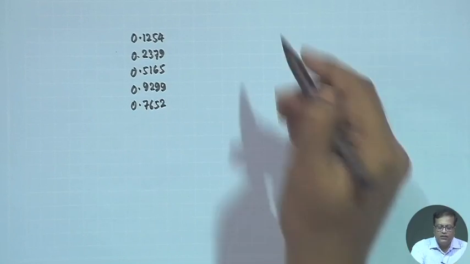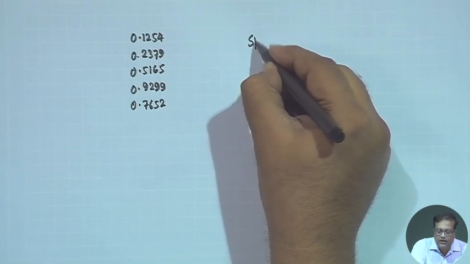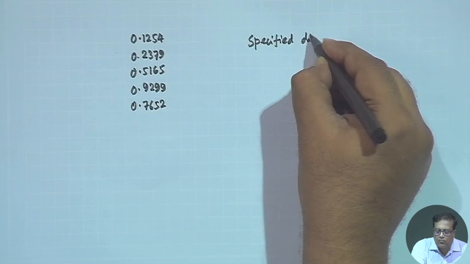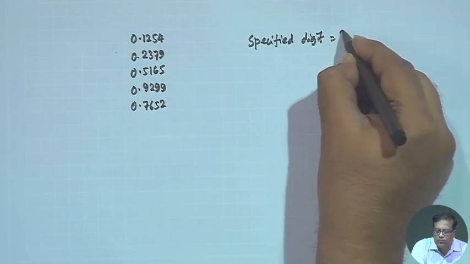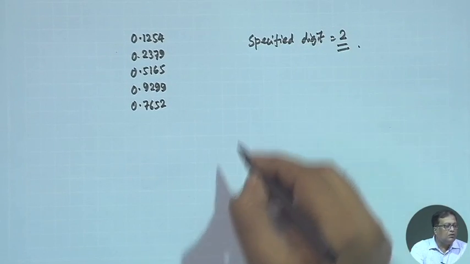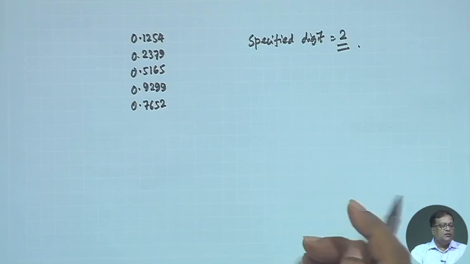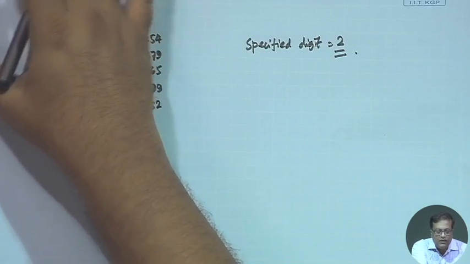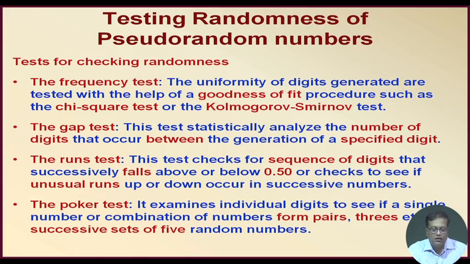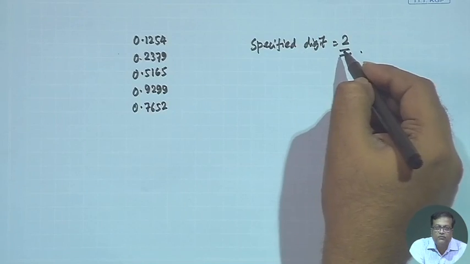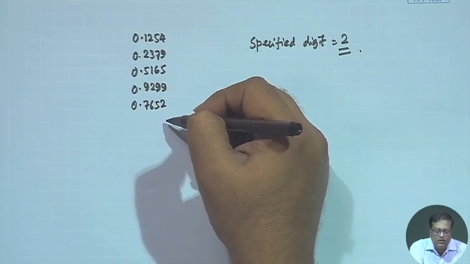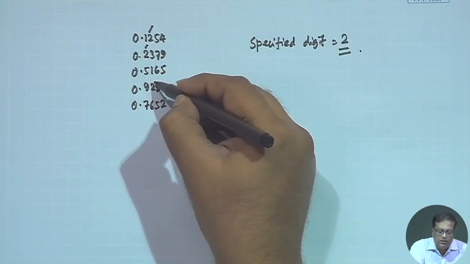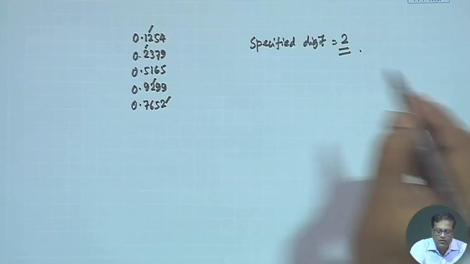Now, let us say the specified digit is 2. Then you see how many digits come between the specified digit. If we take them all as a continuous sequence, we get a 2 here, a 2 here, another 2 here, and another 2 here.